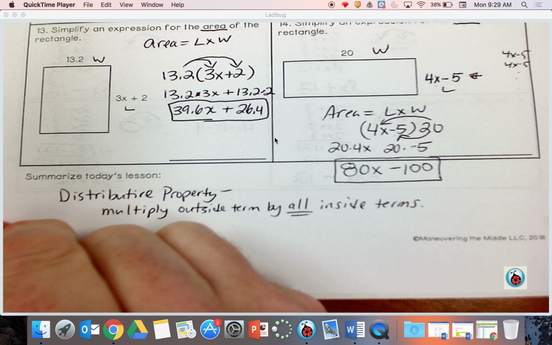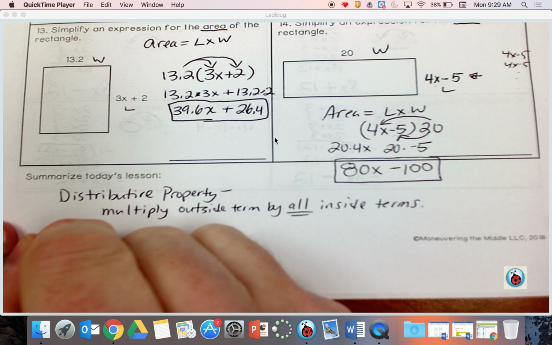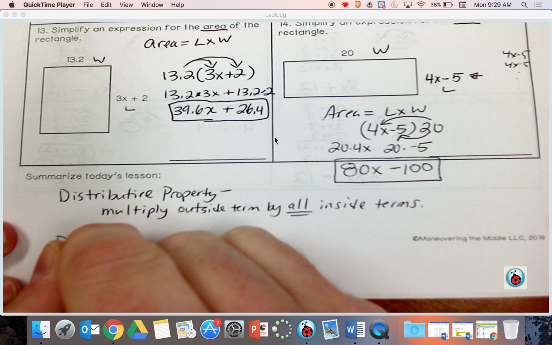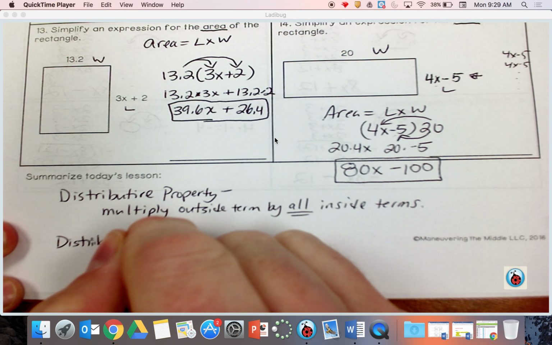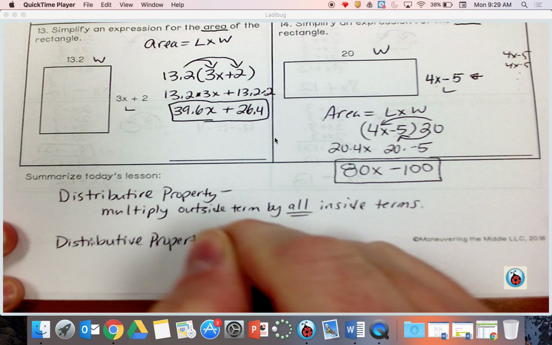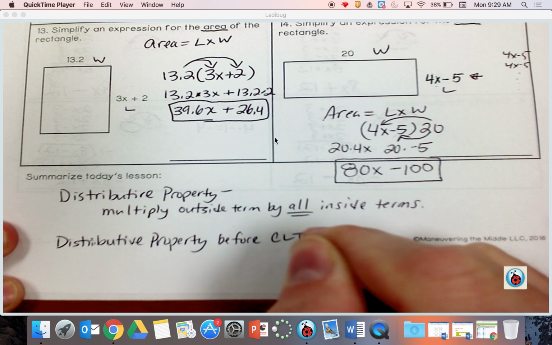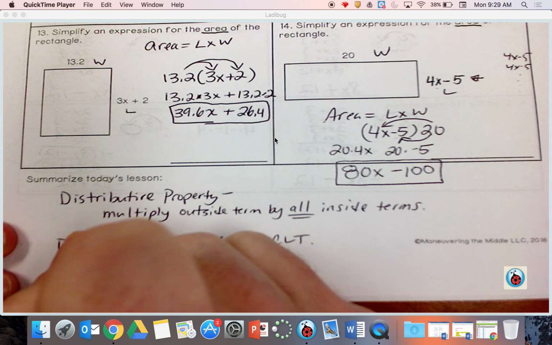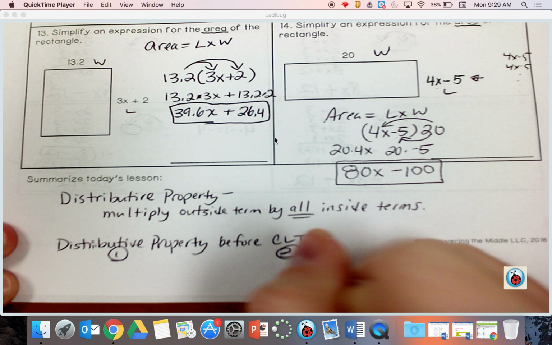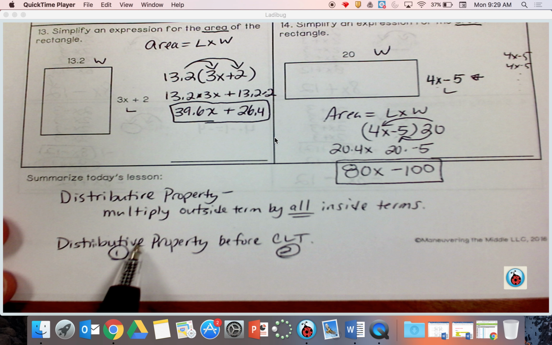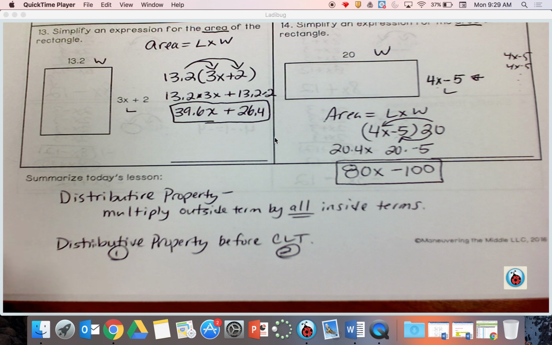You're also going to do the distributive property before combining like terms. So this one comes first, that one comes second, because this deals with multiplication, and this deals with add and subtract. Our rule from order of operations tells us we have to do it that way.